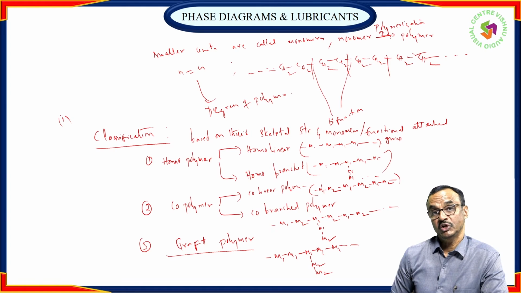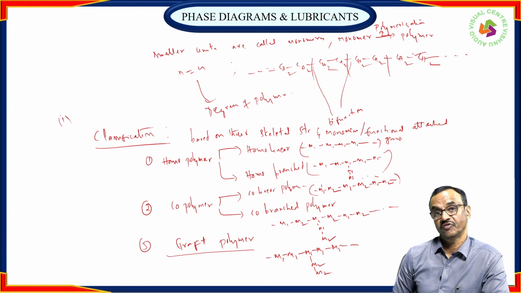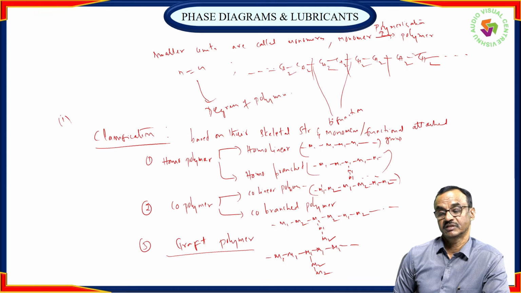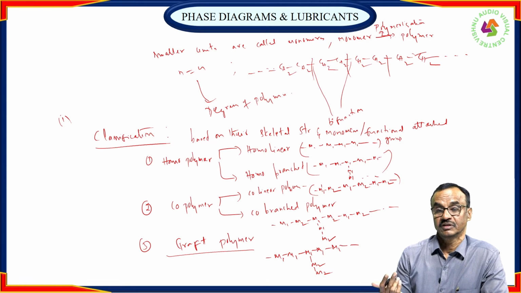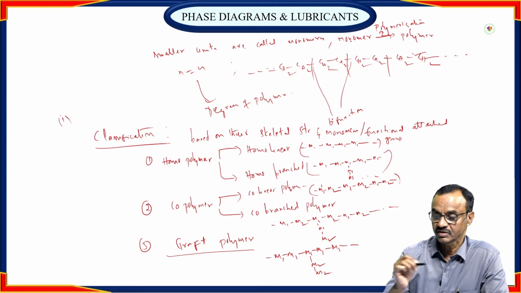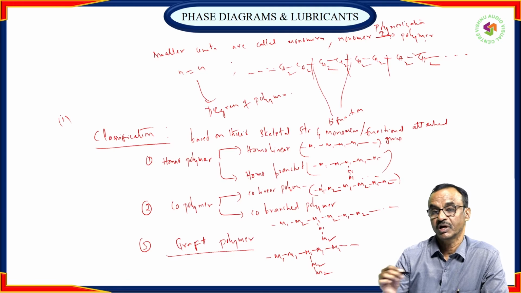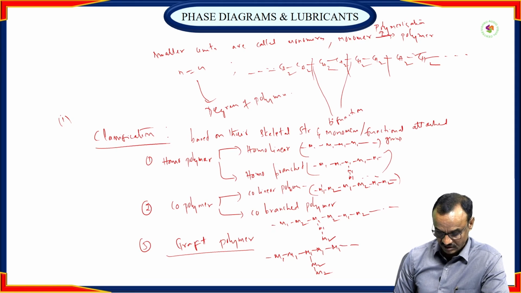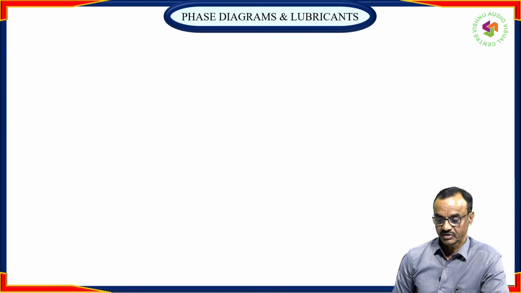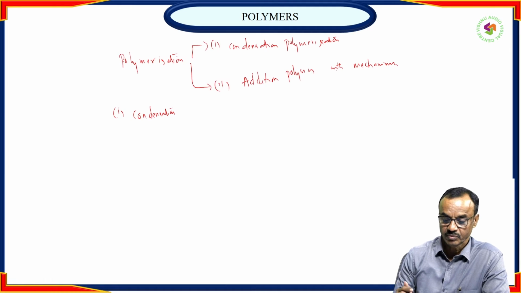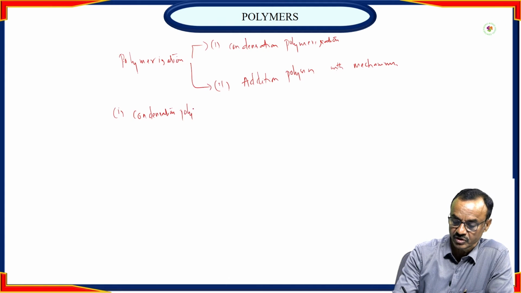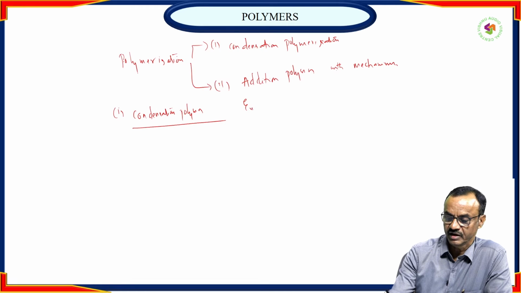The polymerization in which liberation of water or acid takes place, the heavy lengthy product formed by the combination of monomers, like this. During the process of converting monomers into polymer, liberation of water or HCl acid takes place. That polymerization is known as condensation polymerization. Best example, I will take the example of nylon 66.